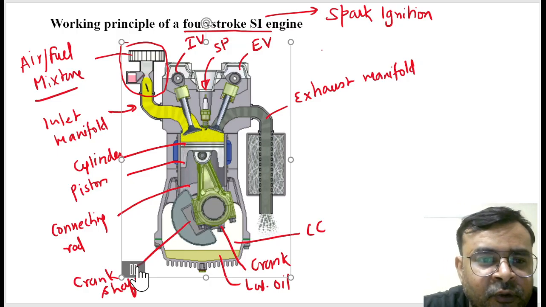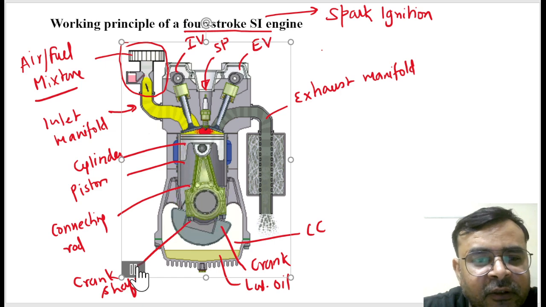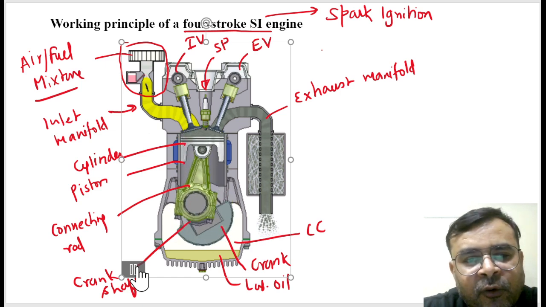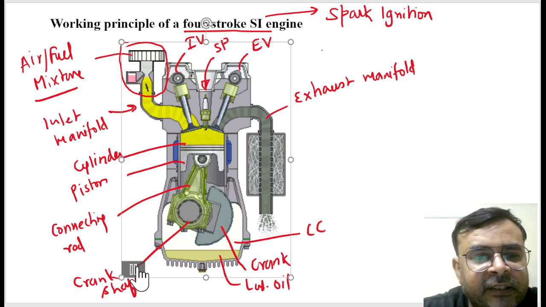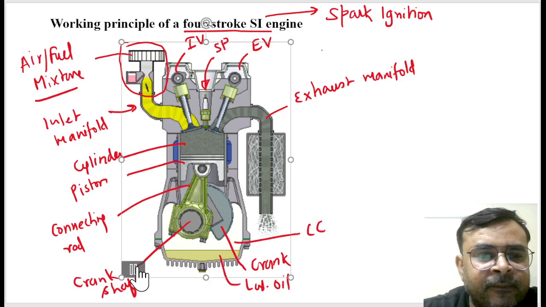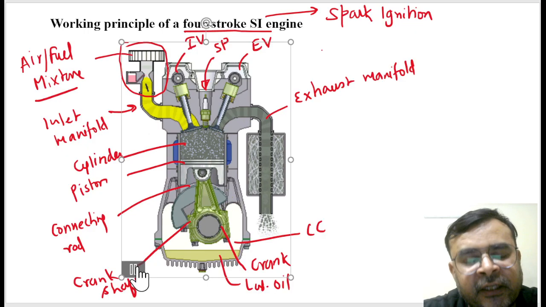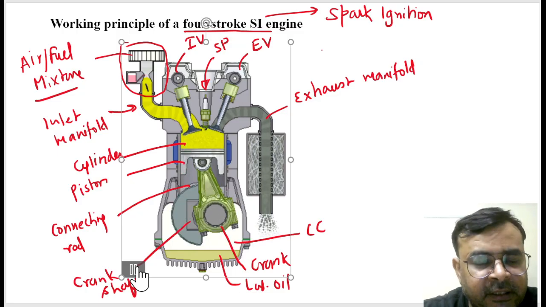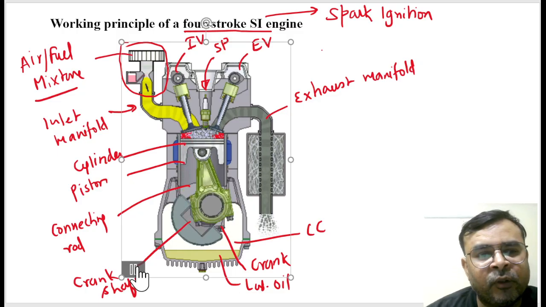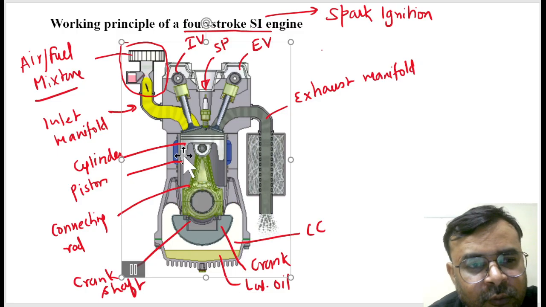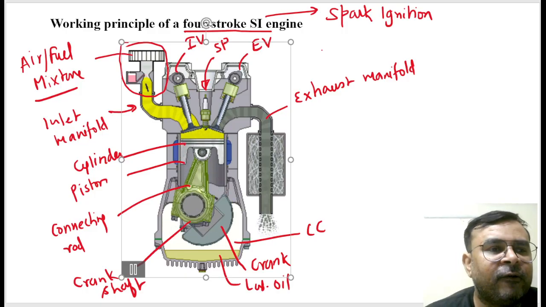Continuously these valves operate: they open and close. Sometimes the inlet valve is open and the other is closed, sometimes the exhaust valve is open and the inlet valve is closed. So from this you can analyze how your four stroke IC engine works.